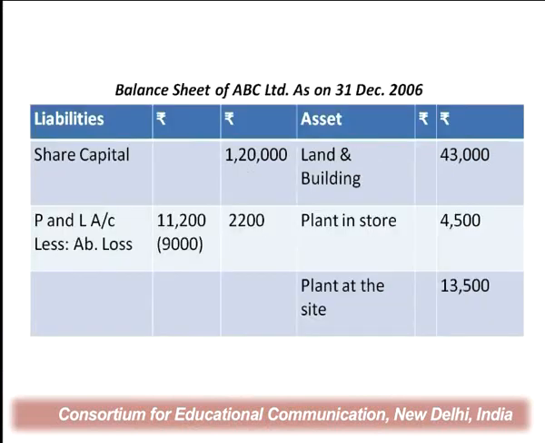Now coming to the asset side, land and building 43,000 rupees, plant in store 4,500 rupees. It's given that you have a plant in store 4,500, plant at site 13,500. See, 15,000 rupees worth of plant has been depreciated to the extent of 1,500.